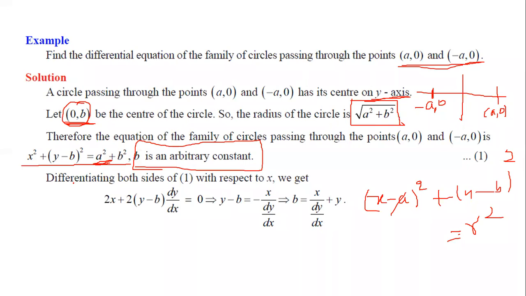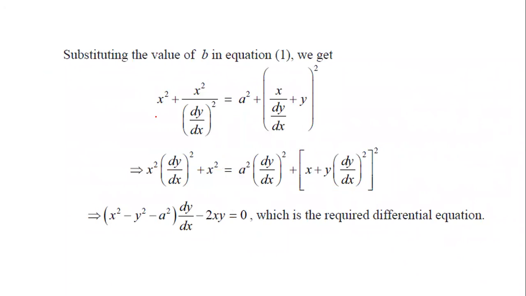So if you differentiate one time, you will get 2(y minus b) dy by dx equal to 0. So we can find that b value and substitute it in this equation, and we will get the ordinary differential equation. So what is b? x square plus x square (dy by dx) whole square equal to a square (x dy by dx plus y) whole square.